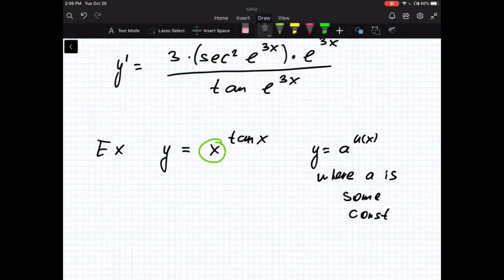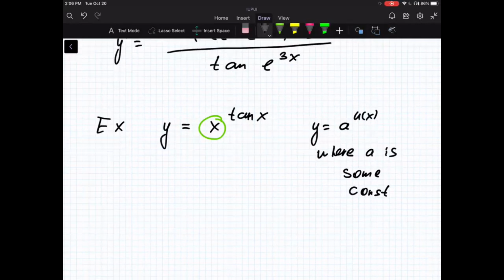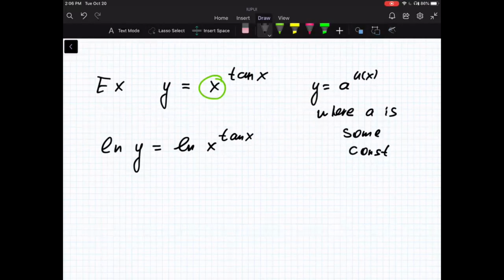But what we can do, we can play with our function, so it will take the form that we know how to differentiate. So what do I mean? Let's consider the natural logarithm of both sides. So the logarithm of y will be the logarithm of x to the power tangent of x, right? But then, using the property of the log, I get that the logarithm of y is equal to tangent of x times the logarithm of x.